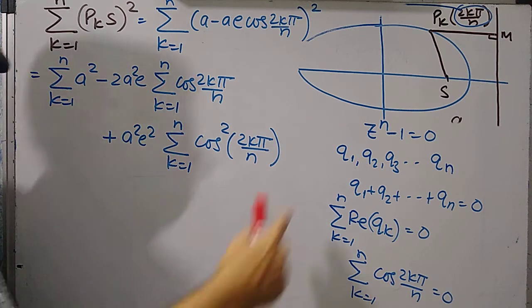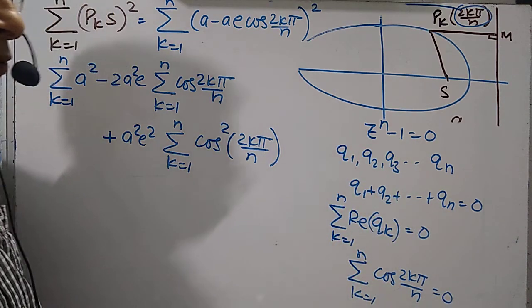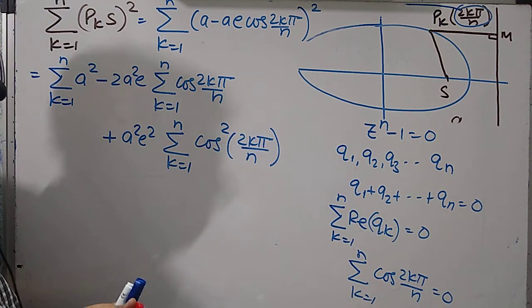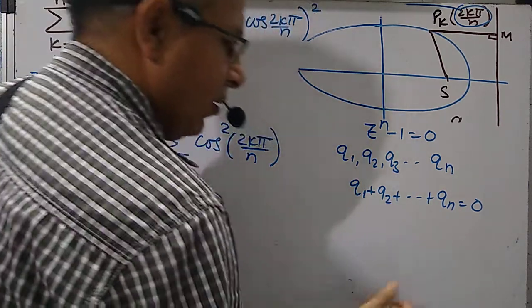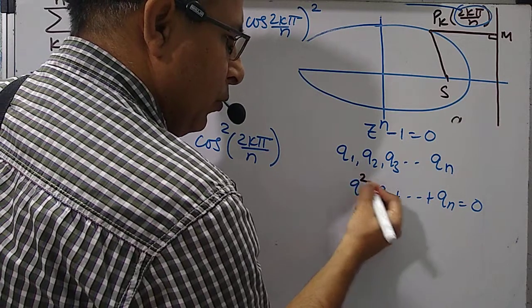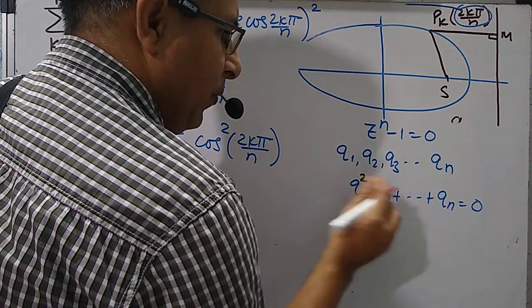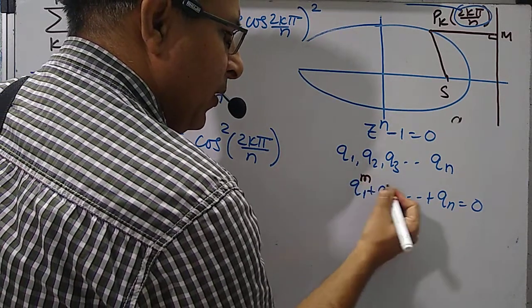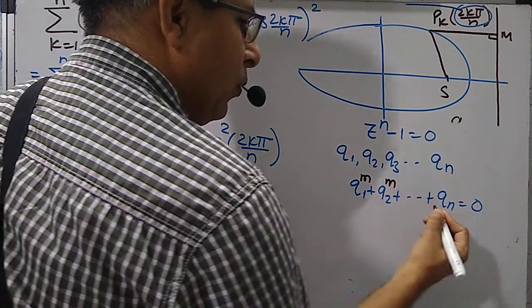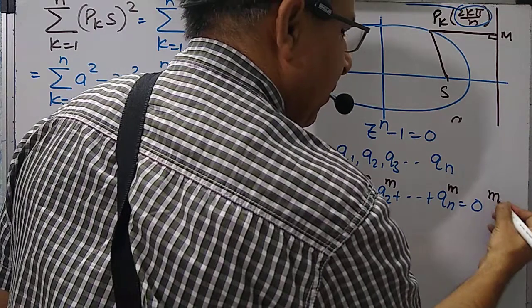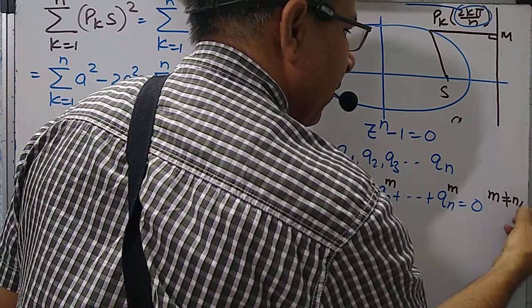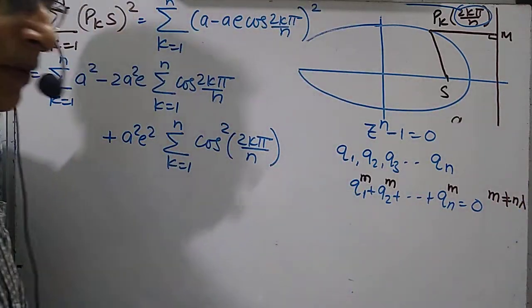Now, q1, q2, q3, dot dot qn are the roots of the equation, and we know that if we write q1 to the power m, q2 to the power m, and qn to the power m, and m is not a multiple of n, this quantity becomes 0.